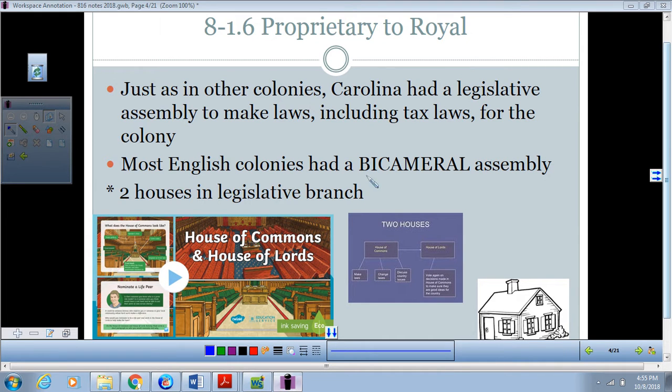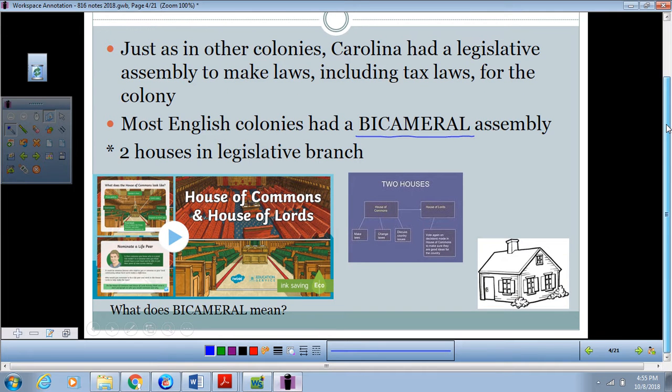Most English colonies had a bicameral assembly, or a 2-house legislative branch. So, Carolina also had a 2-house legislative branch, which today in the United States, we also have.